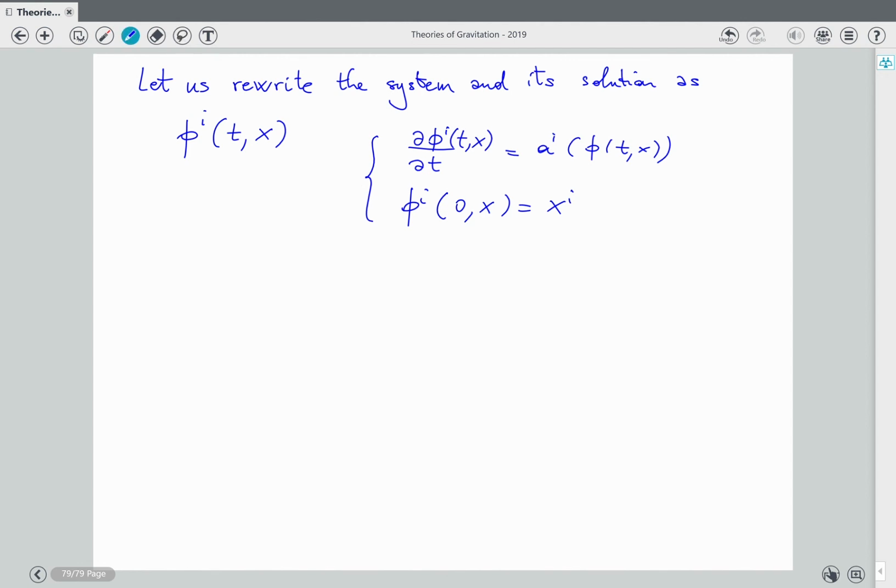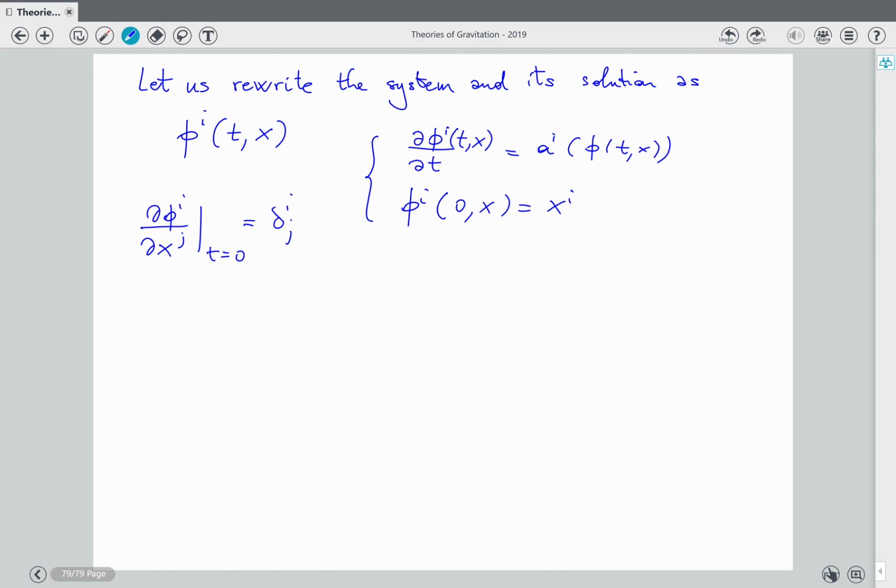Particularly, let's give a few simple properties. An obvious thing is that the partial of phi_i with respect to x_j is equal to delta_ij at t equals 0, because at t equals 0 this function becomes x_i.